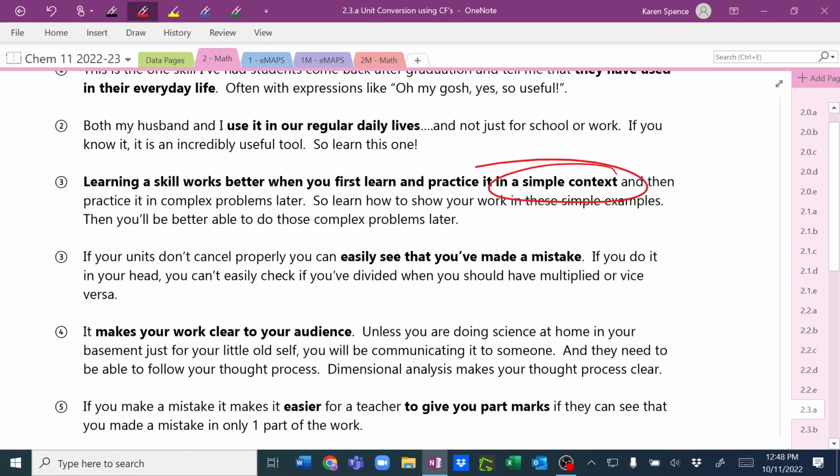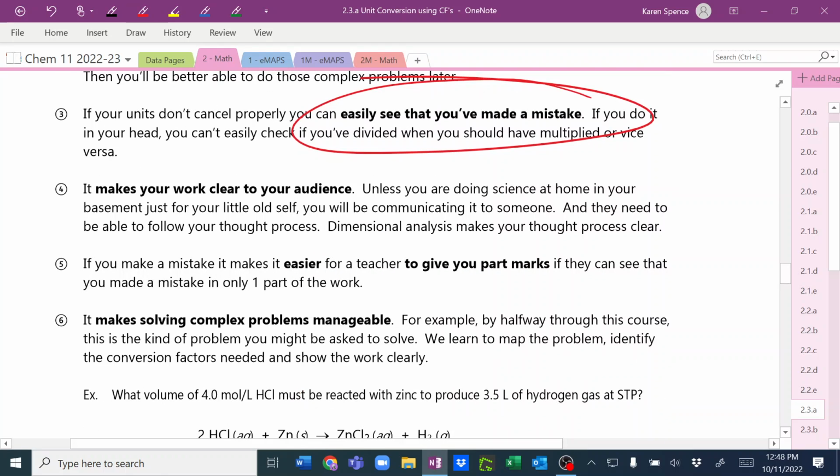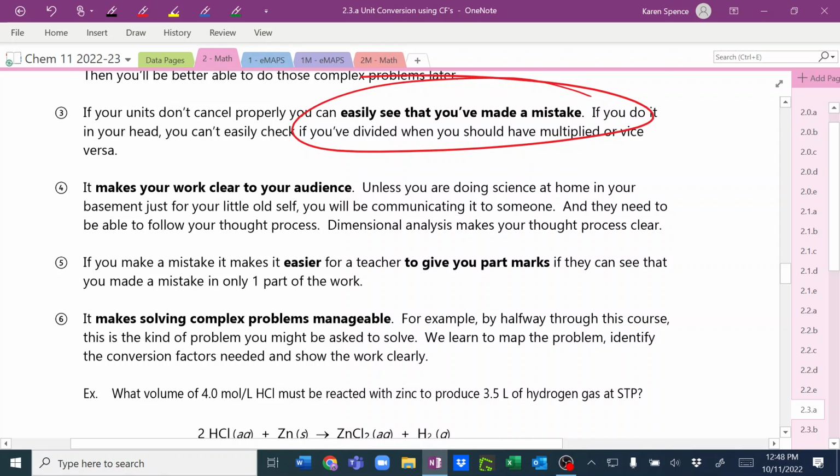It makes it really easy to see if you've made a mistake because, like I said, if you end up with a unit like feet squared over yards, you'll know you've done something wrong. It makes your work clear to your audience. I can follow along with what you have done, which is really important if you're looking for part marks.